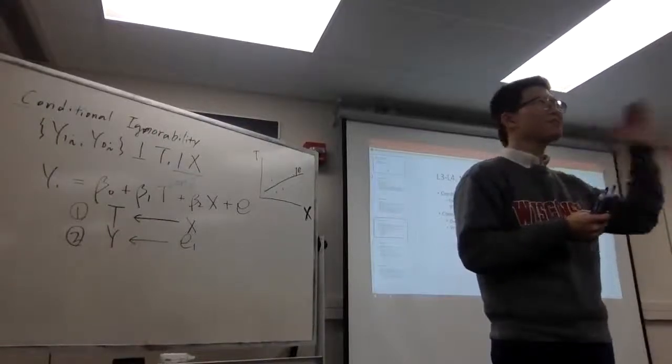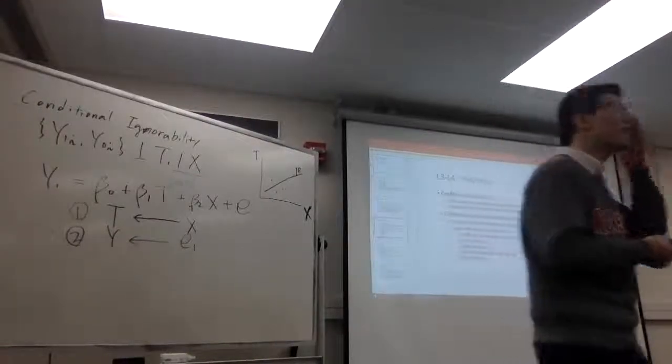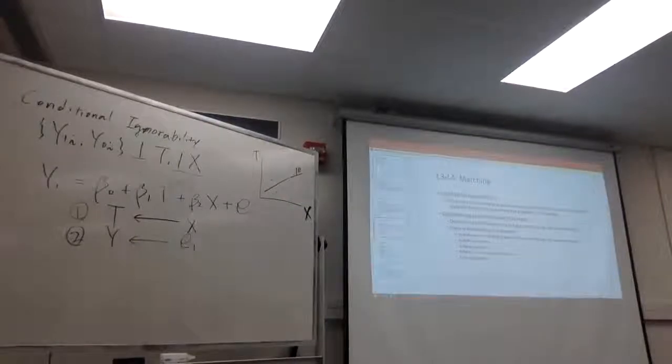Great. Questions? Confused? So that absorbs the relationship between y and t after controlling the t on x. So the calculation of beta 1 is basically the linear relationship between y and t after absorbing out the linear correlation between t and x.